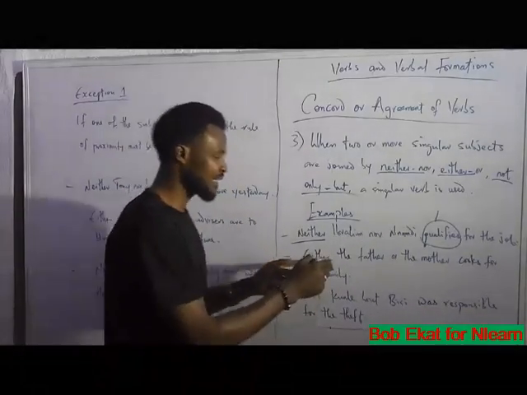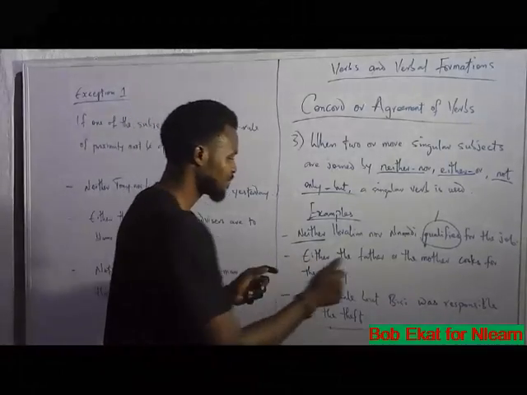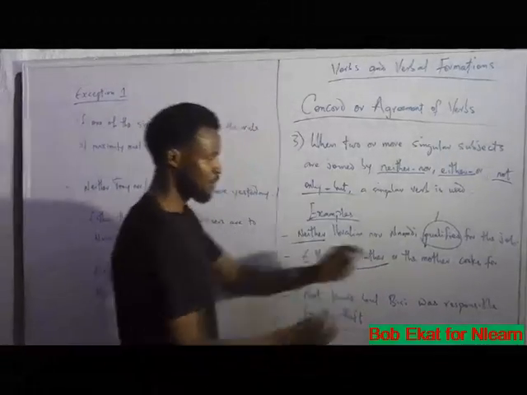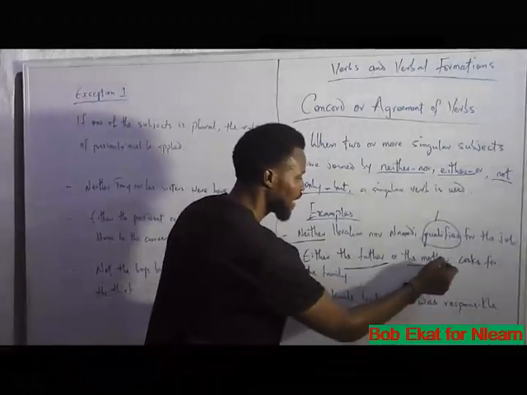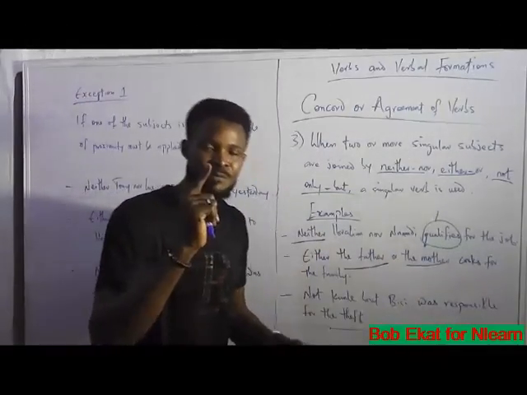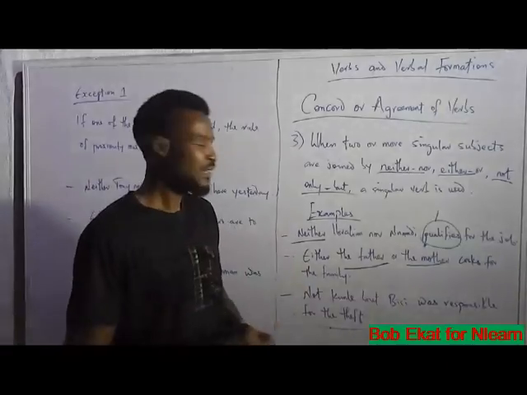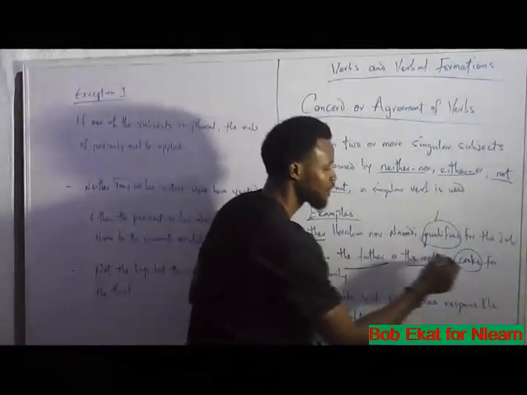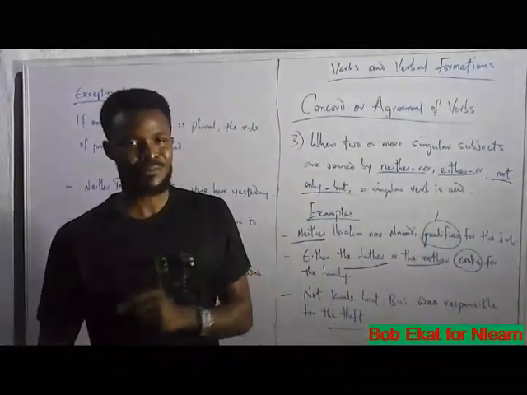Because what this sentence is implying is that it is either the father cooks or the mother cooks. One of them does the cooking. So a singular verb is what comes up.